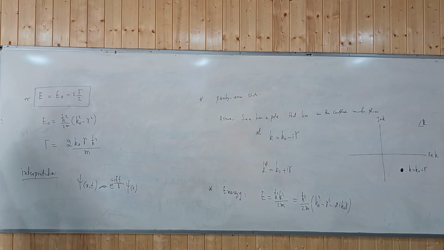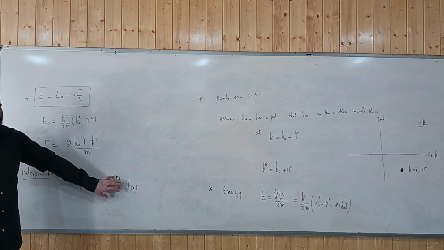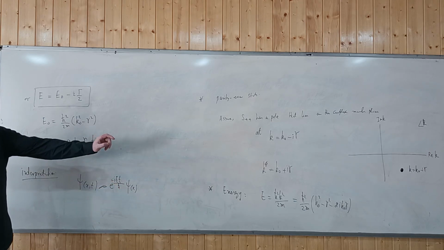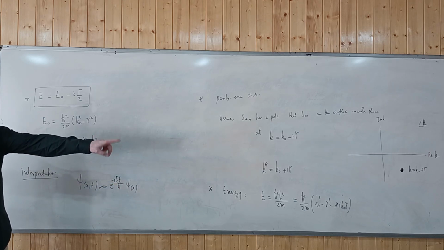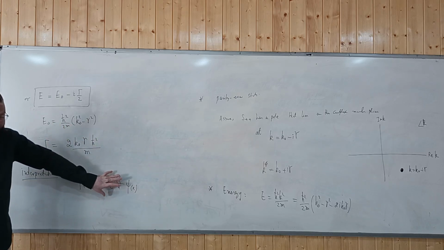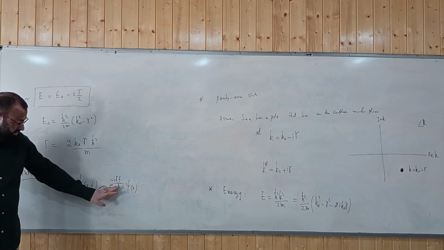Clear? This is how you put the eigenstate of the Schrodinger equation and attach the time dependence to it. So this is the time dependence of a given wave function. For a particle described by that point in the complex plane, I can write its time dependence in this fashion. Now let's substitute this energy.